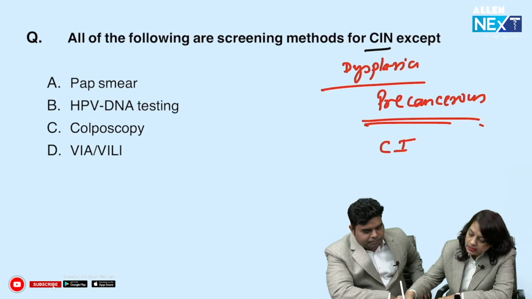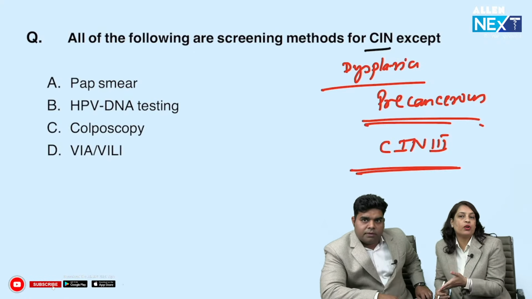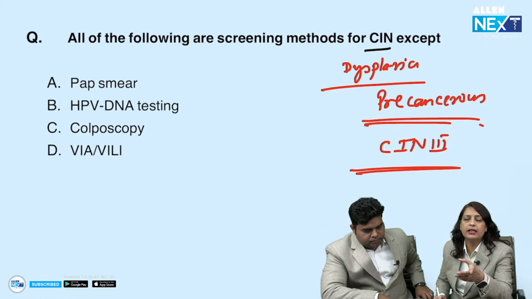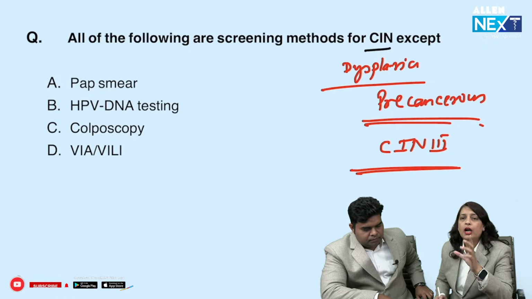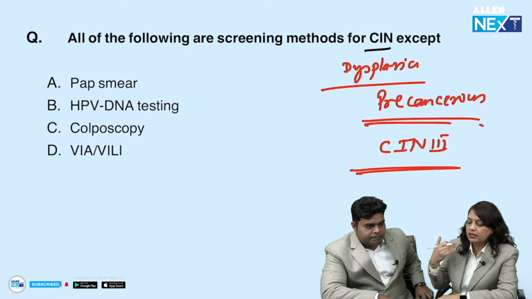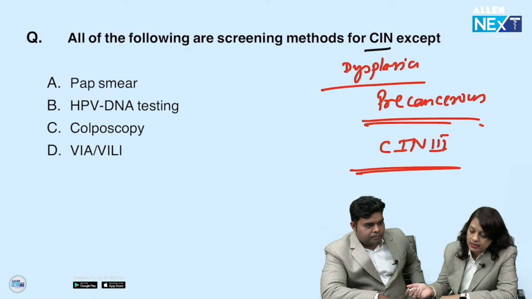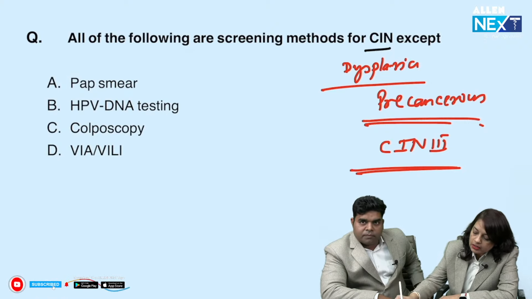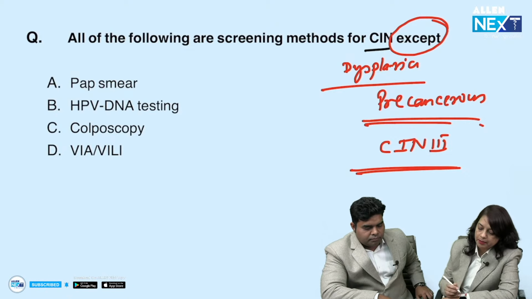Severe we say is CIN3, which has more chances of progression to cervical cancer, and the incidence is about 22%. There is a risk of transformation to cancer. Now, which of the following are the screening methods except?